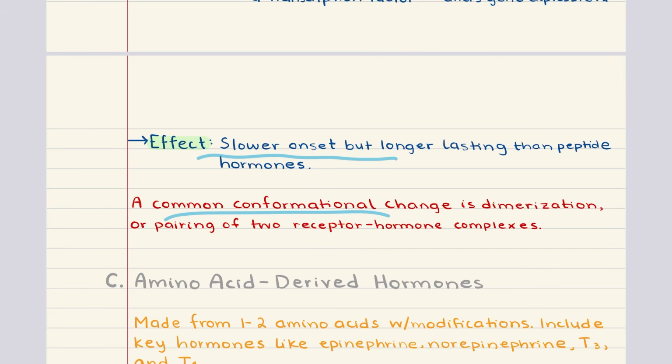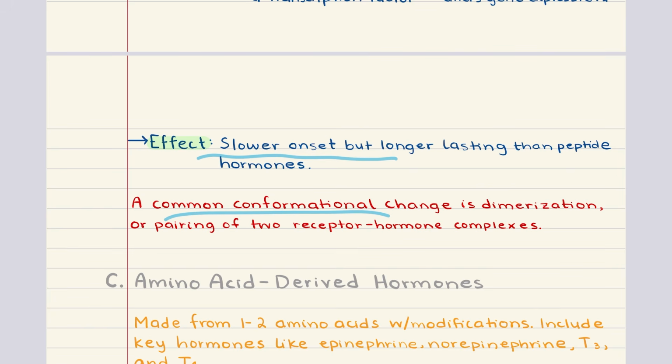So once again, dimerization is when two hormone receptor complexes pair up, and that's going to help stabilize the interaction with DNA and allow gene transcription to proceed efficiently. So overall, steroid hormones are more about long-term regulation and structural or developmental changes, whereas peptide hormones tend to control short-term adjustments.